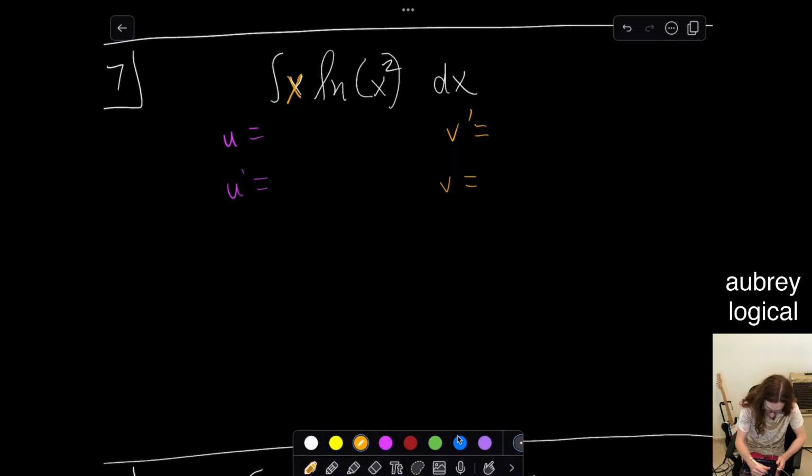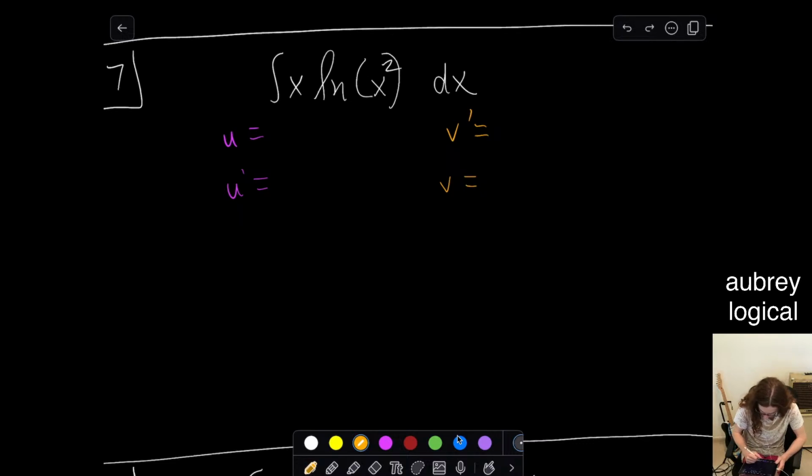X is a function, and that is multiplied by the function of ln of x squared. That's a function as well. So we have to pick one of these functions to be u and one of these functions to be v. But one of these functions is going to be v prime. So it's the derivative of v.